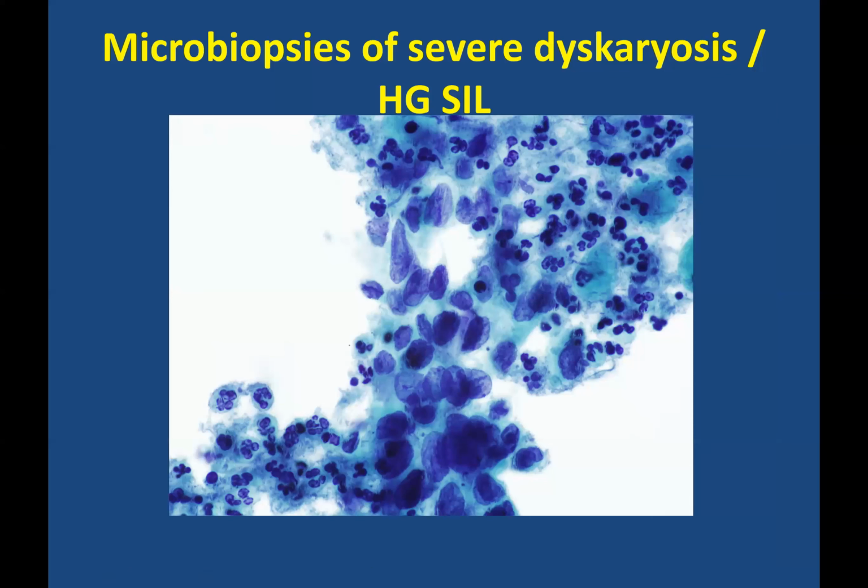Now, I'm going to touch on microbiopsies of severe dyskaryosis, or high-grade SIL if you're using the Bethesda system. These are notoriously difficult to photograph for lectures because you're looking at something with a great depth of focus and it can be difficult to illustrate. So this particular field I took because I thought it would probably show the chromatin and the nuclear changes the best. But you can see how you could say, isn't that a gland opening here?